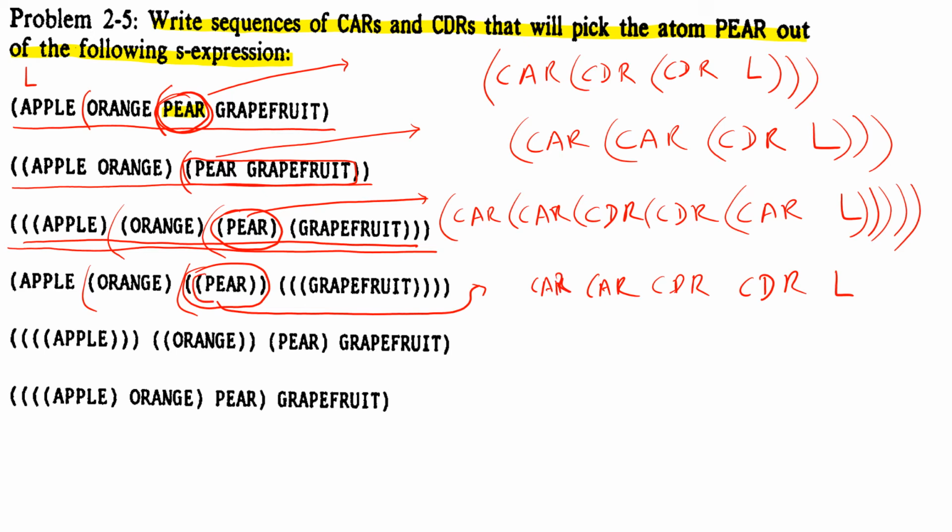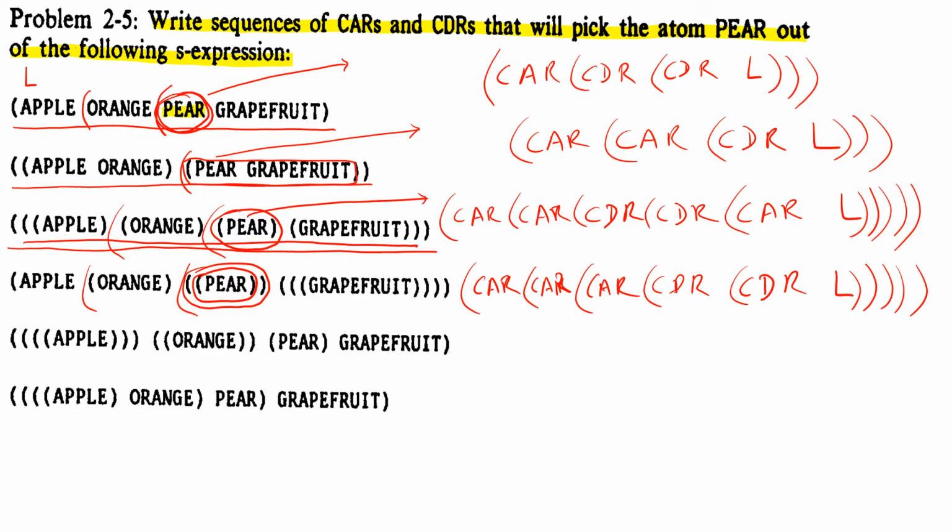Which gives us a list containing pear, and then a CAR again. That extracts the pear from the given list.